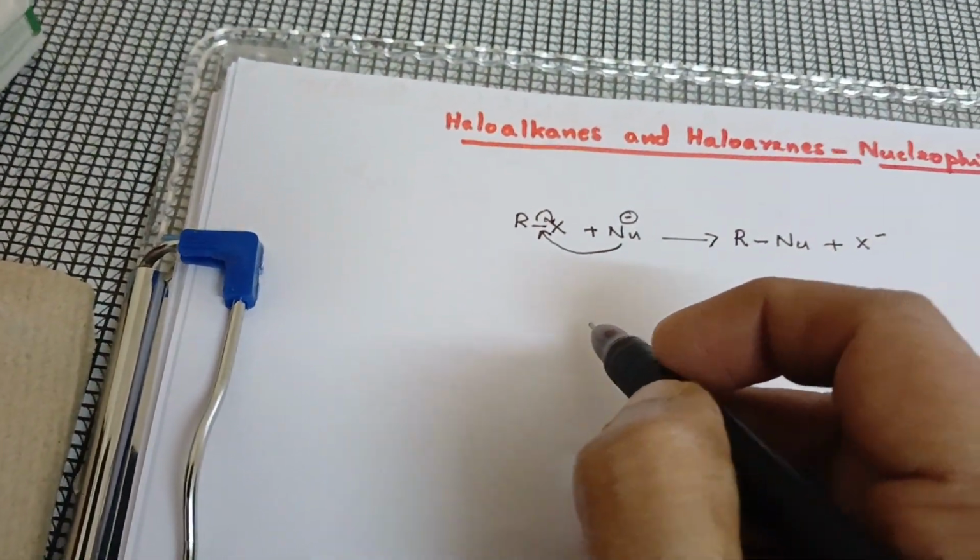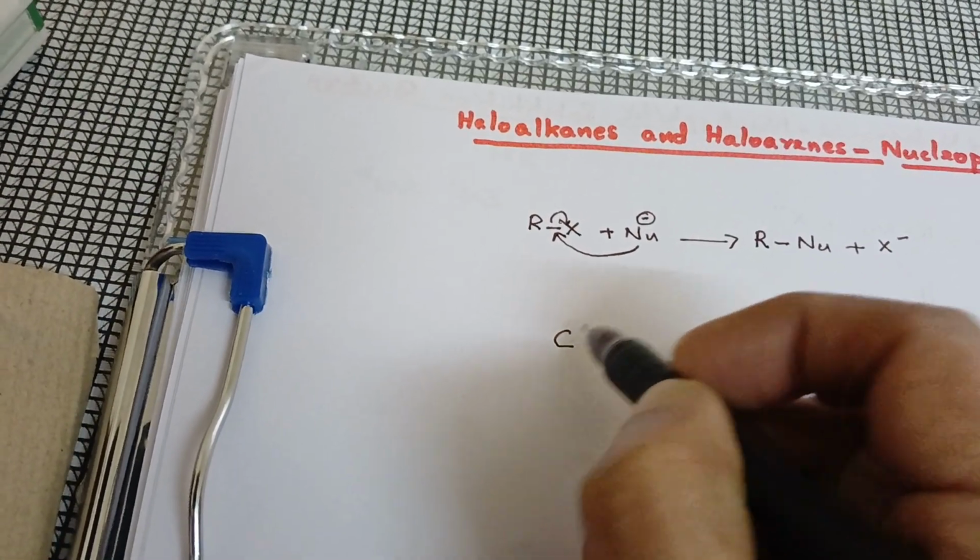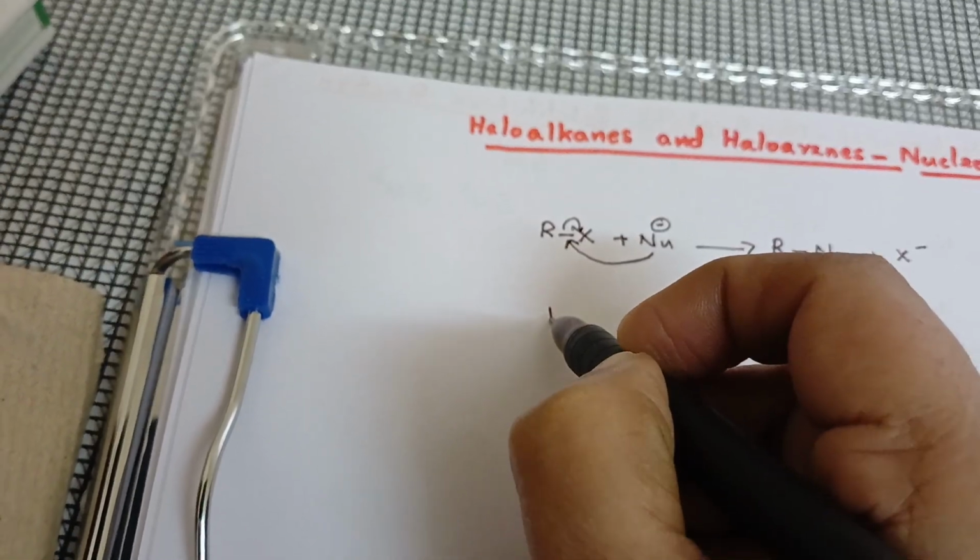Now here, in the case of a methyl halide, so we'll take CH3X.